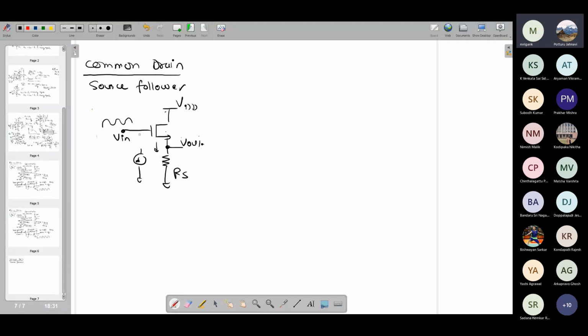So if I, for the time being, ignore the channel length modulation and you are increasing the VG, the source voltage should exactly follow the input voltage. So that is the best case, or basically the ideal source follower example, where you are putting an ideal current source or a good current source with very high output impedance, because in that case the source voltage will be exactly the replica of the input voltage.